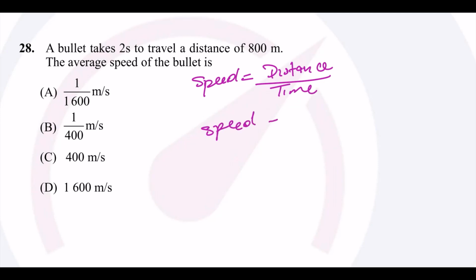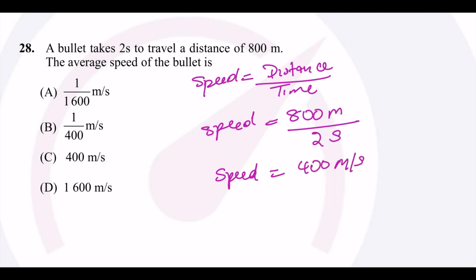So the distance is 800 meters, so we have meters per second, and the time taken is 2 seconds. So hence the speed: 2 into 800 goes 400. So we get 400 meters per second. So our answer matches C.